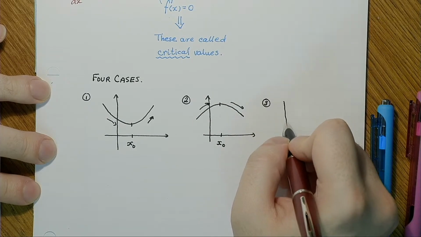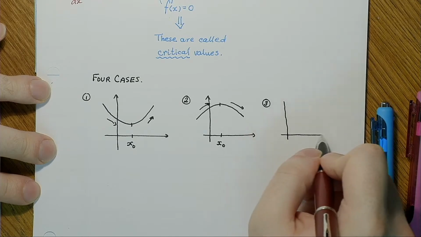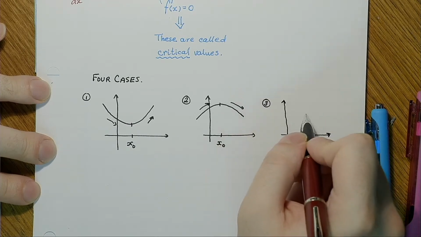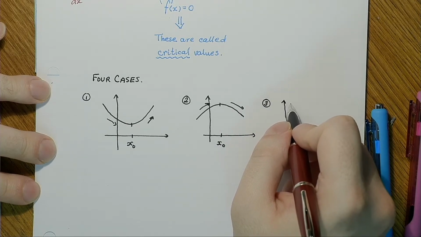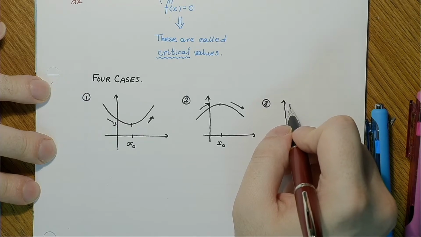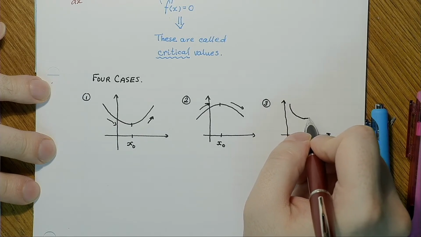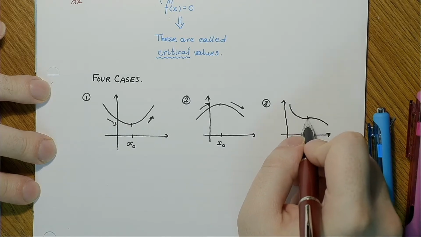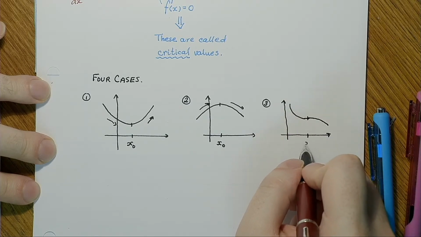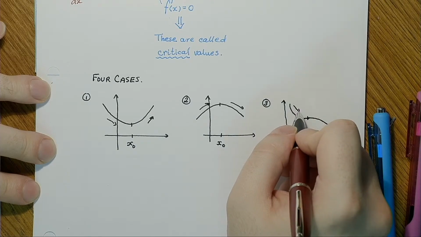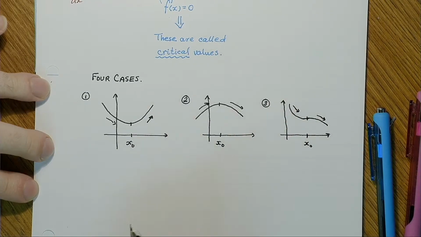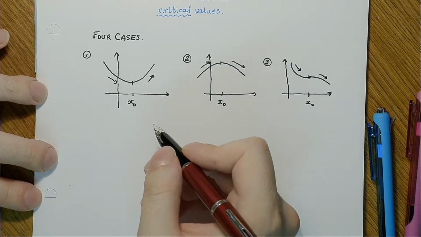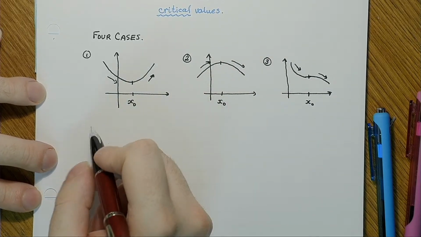The third one, we can have it decreasing, go flat, and still decreasing. So you can actually have a decreasing, and here's a decreasing. And I'll have one more down here.